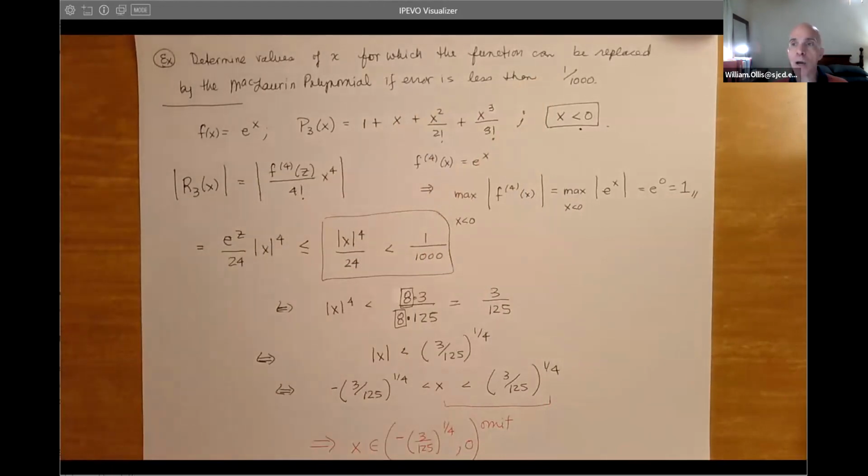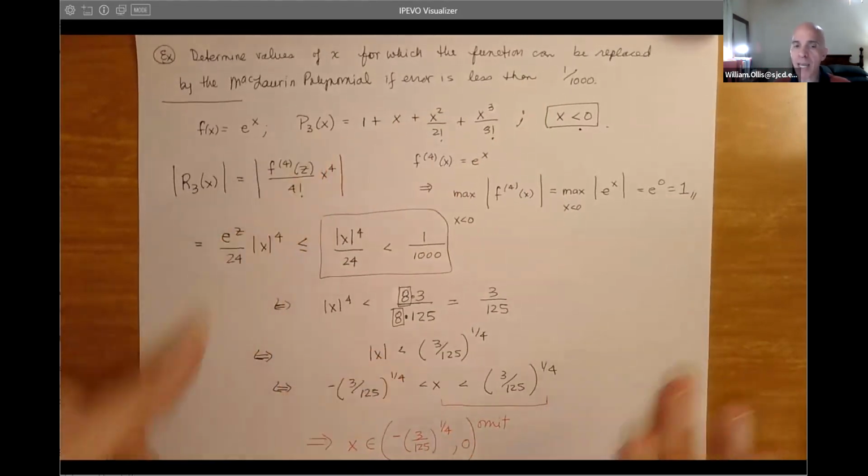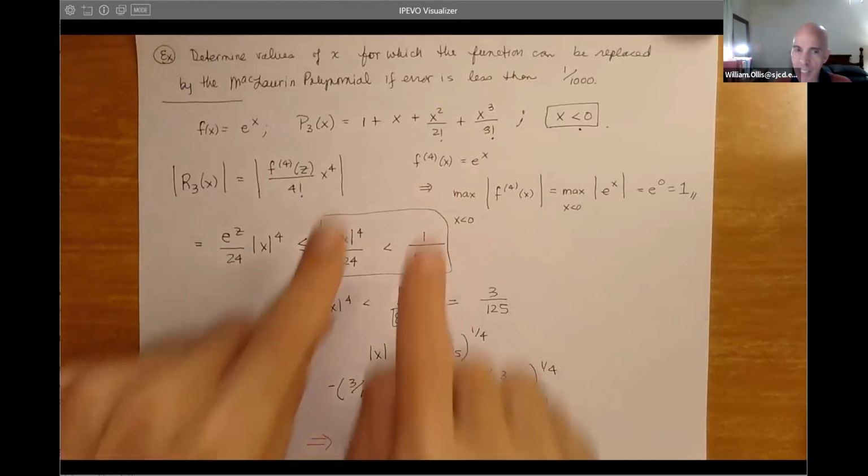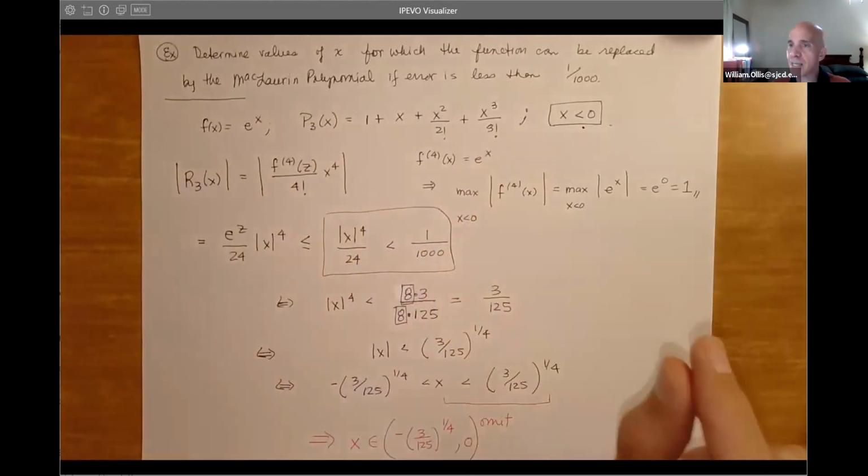So in summary, what we're seeing is that the Taylor polynomial, or the Maclaurin polynomial as we have here, is basically a substitute for the function. And that means that we have derivatives. We've got continuous derivatives. We got to have a nice, well-behaved function, but then we can replace the function with a polynomial, which is easy.